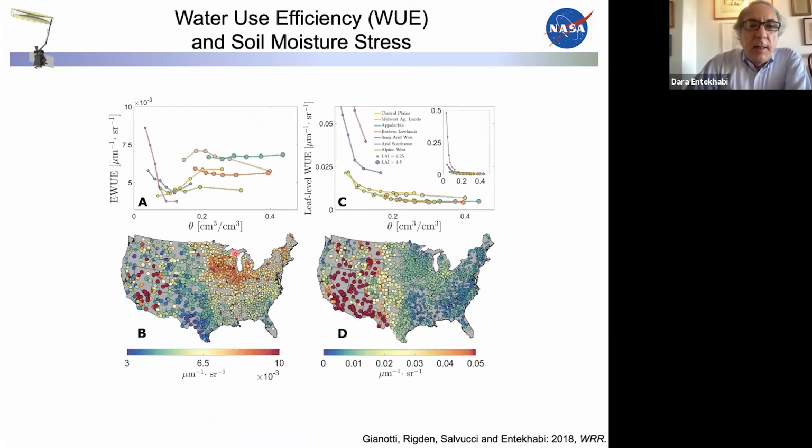And if we look at water use efficiency, this is landscape water use efficiency. This is per unit area of land. This is leaf level. This is per unit leaf. And we see a very strong hyperbolic behavior. This inset is for the entire range, 0 to 0.5.